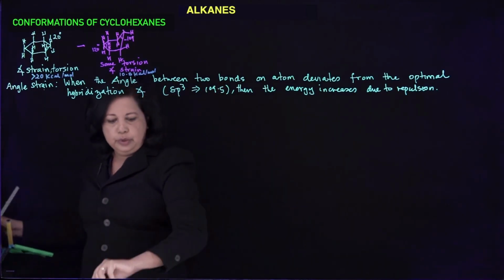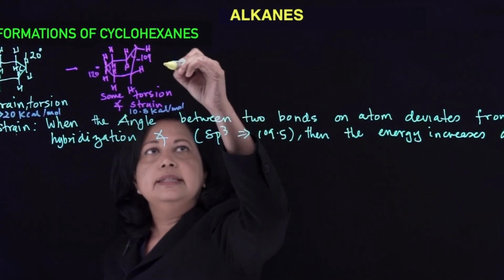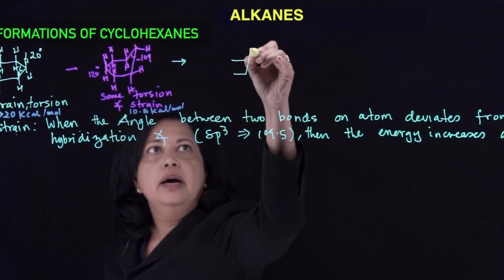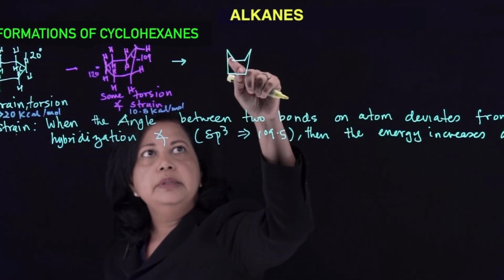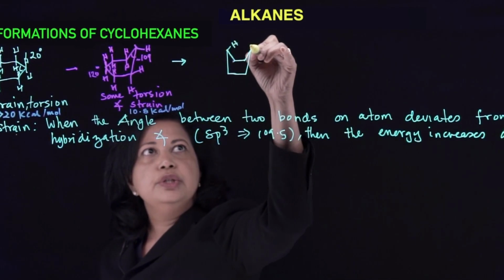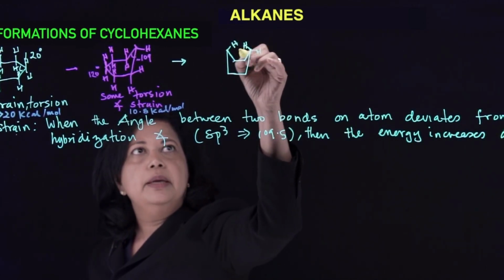So then this goes over to a boat, all right? So you can see these two are going up. So you have a boat, and the boat has got hydrogens that can be bumping into each other. That's called the flagpole interaction.